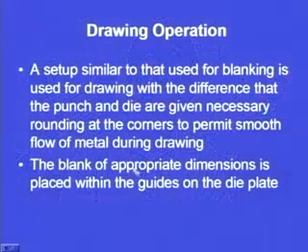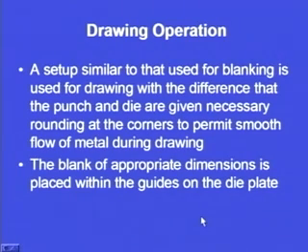The blank of appropriate dimensions is placed within the guides on the die plate. Appropriate dimensions here means that we know the final shape of the product that we want to make.